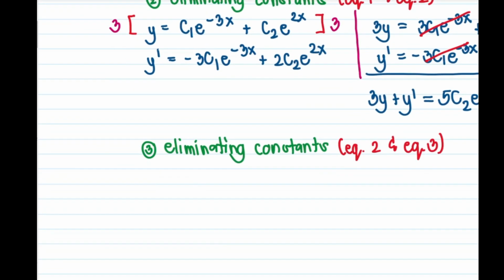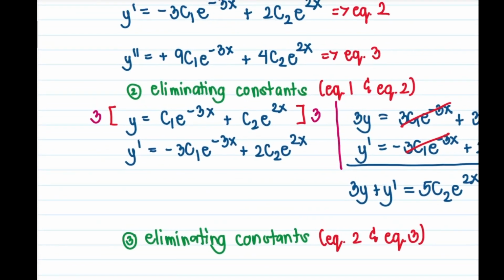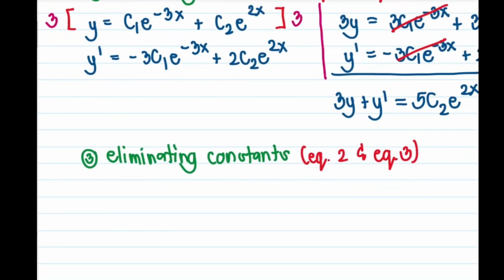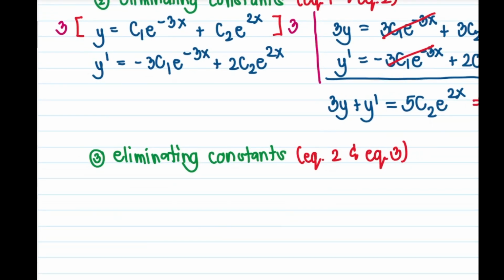So let me rewrite equation 2. Equation 2 is the first derivative, which is y prime equivalent to negative 3c1 e raised to negative 3x plus 2c2 e raised to 2x.